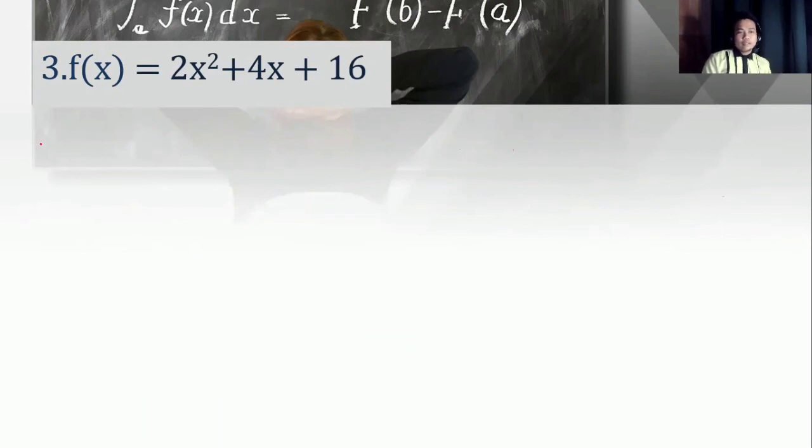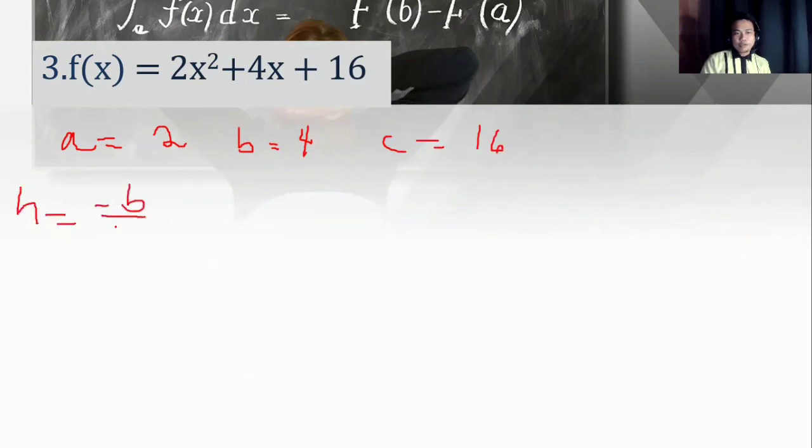Then, the easiest way, so determine the values of a, b, and c from the given quadratic function. So a is 2, b is positive 4, c is positive 16. Then h is negative b over 2a.